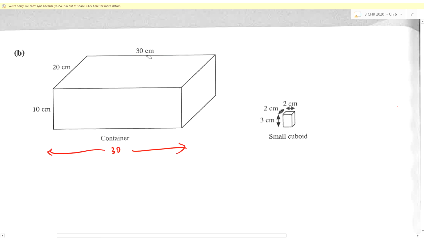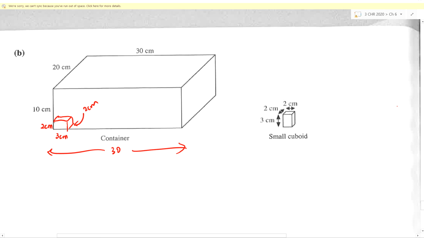Let me try and arrange them here. 3 cm. So this is my cuboid. If this is 3 cm, then this is 2 cm over here. And this distance also 2 cm. Would that work if I do it this way? Let's check.